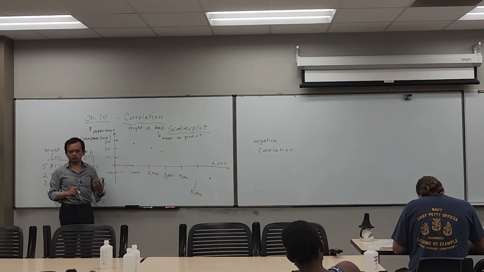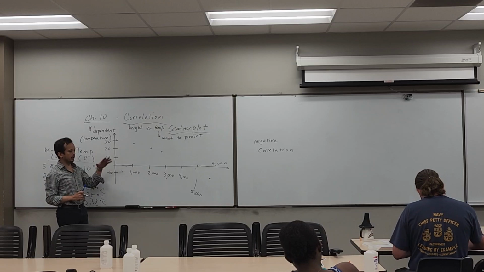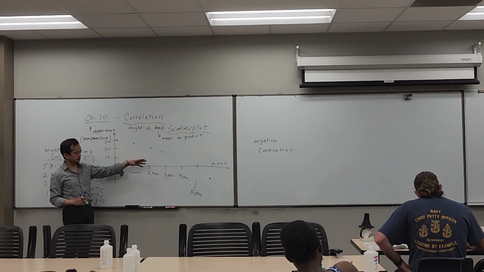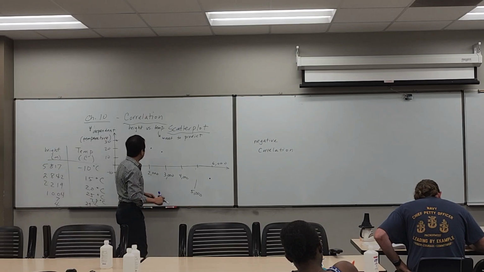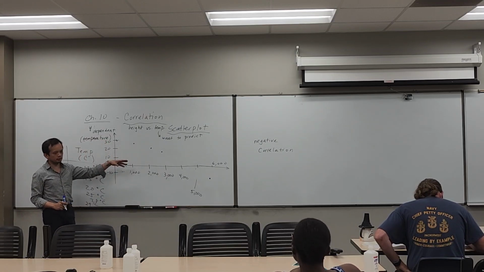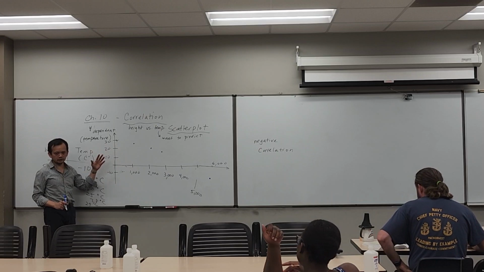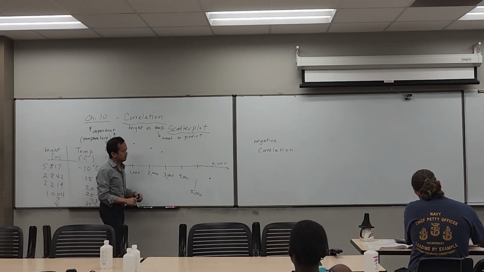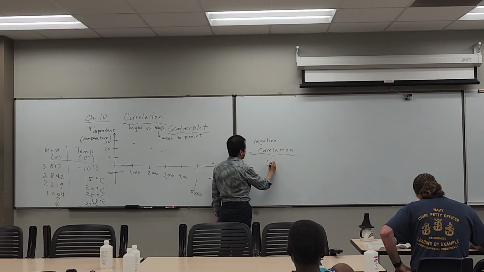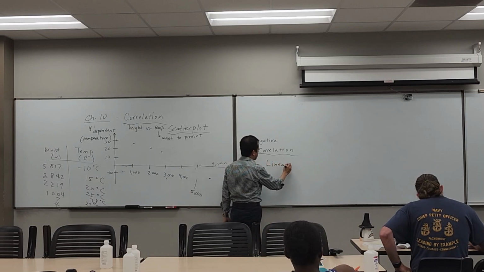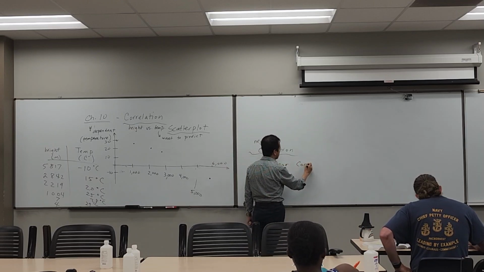But we also want some way to quantify that with all kinds of data that is sometimes much more subtle than this. So one way that we can quantify whether there's correlation between values of two variables is we can try to measure it with what we call the linear correlation coefficient.